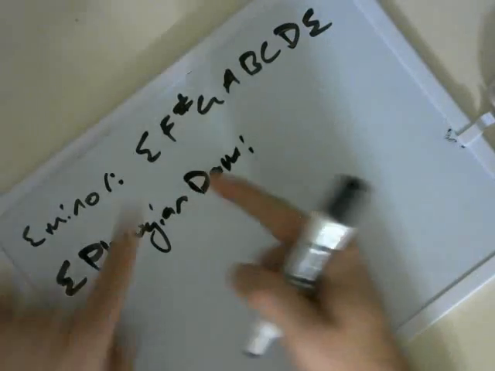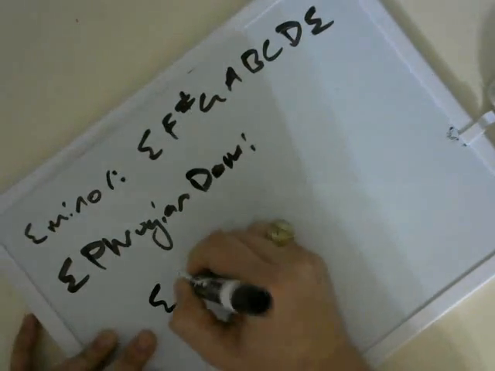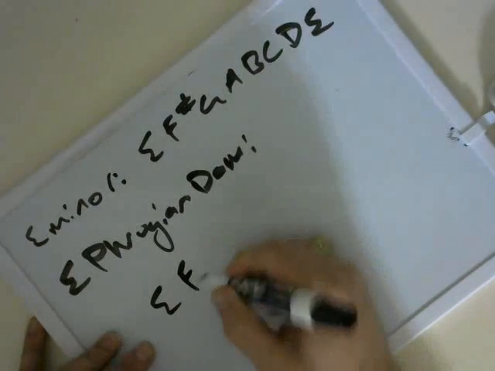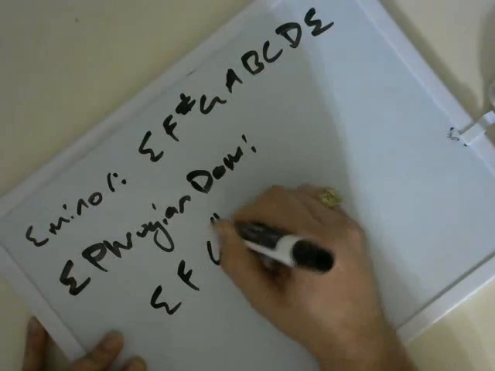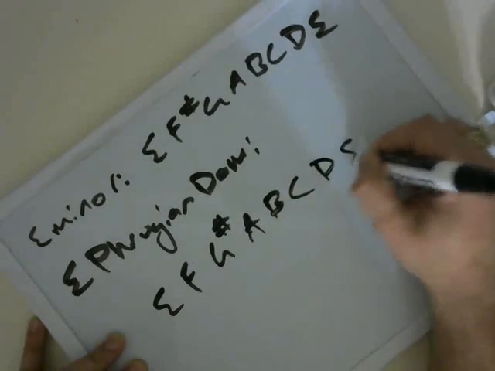I'm going to keep the 1 the same. I'm going to flat the second, so I get just F, and then I'm going to raise the third, G sharp. And that's A, B, C, D, E.